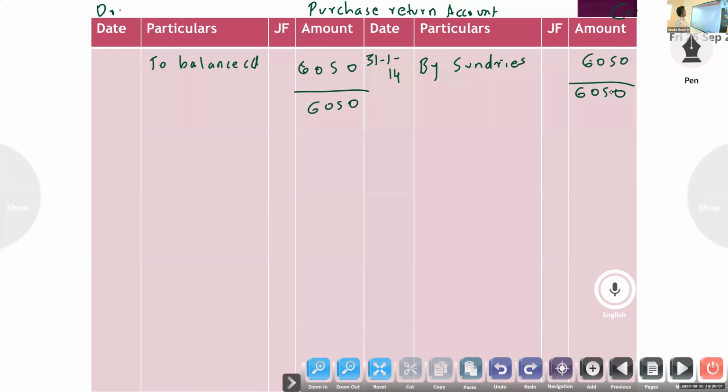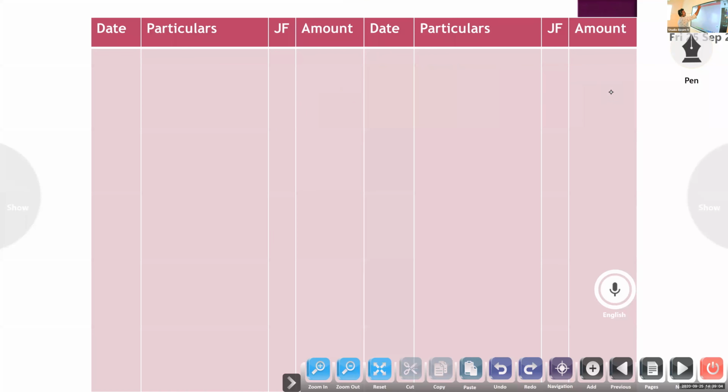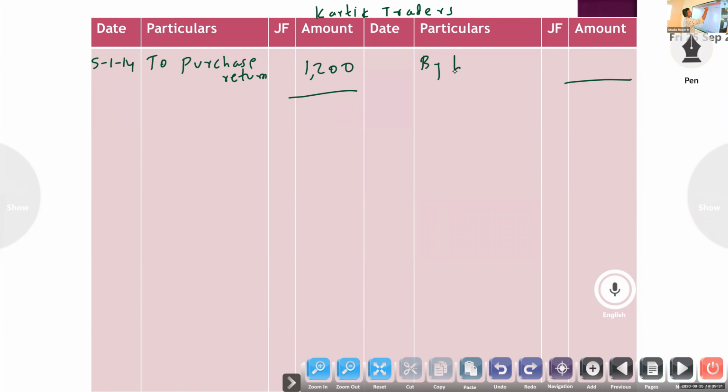Okay, next we have to prepare each account. First Karthik Traders. In every case the entry will be Karthik Traders account debtor to purchase return. 1200 by balance c/d, closing date.